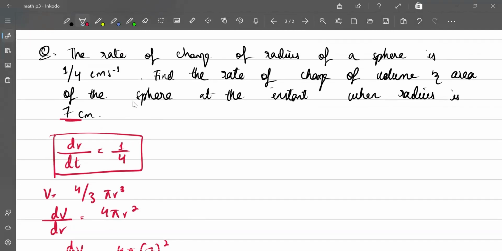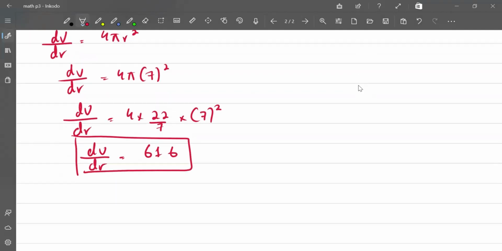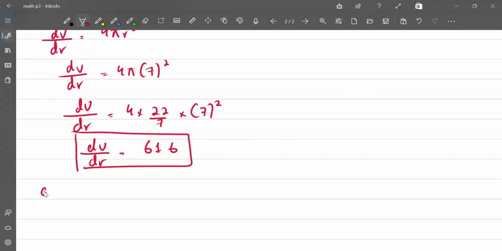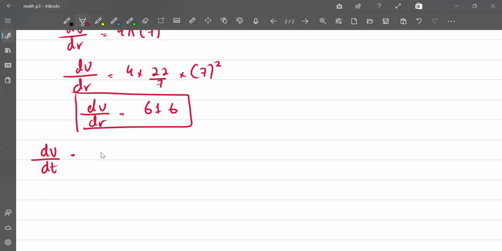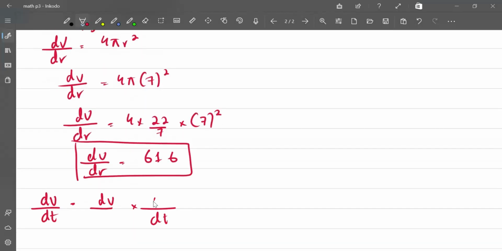And what do we need to calculate? Find the rate of change of volume. So we need to calculate dV upon dt, which is the rate of change of volume. So simply form the chain rule, dV over dt. You write it in this specific format, and the common variable is dr, so just write dr here and dr here.